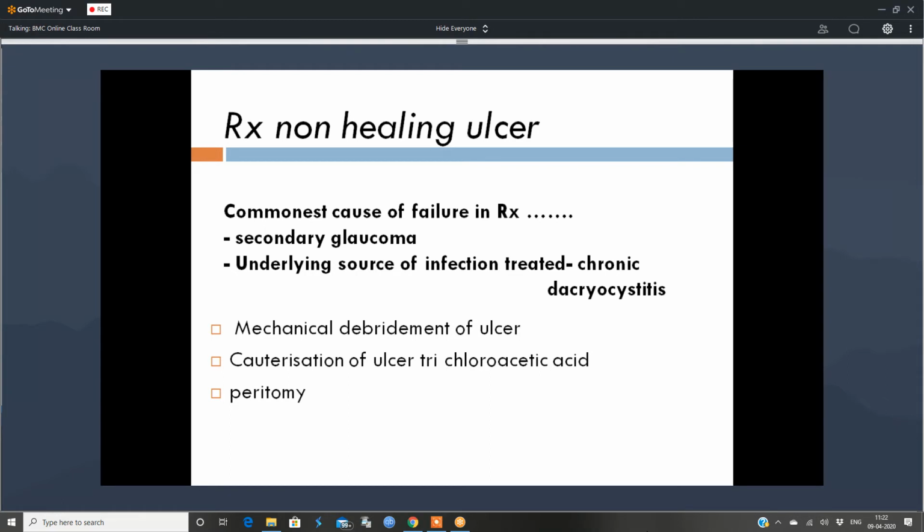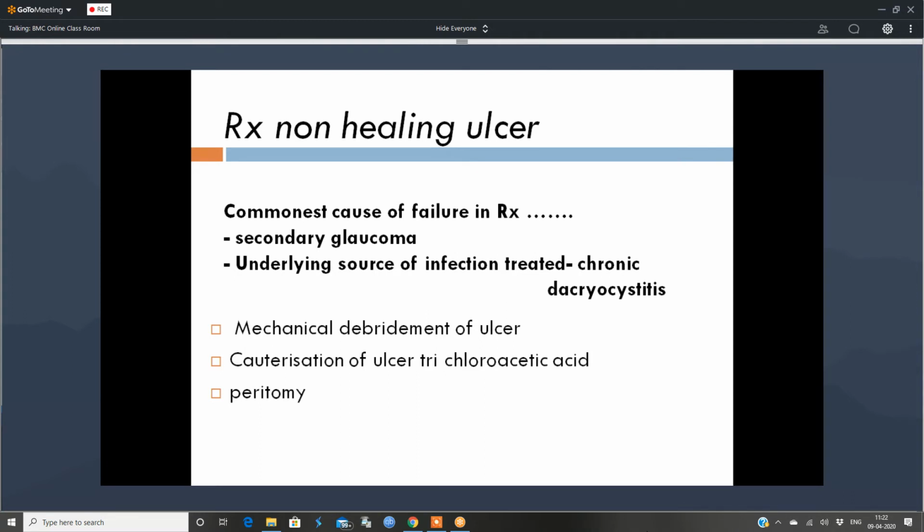Another important thing is underlying dacryocystitis. So do a regurgitation again, confirm if there is any dacryocystitis, and if so, tackle the dacryocystitis along with your corneal ulcer management.